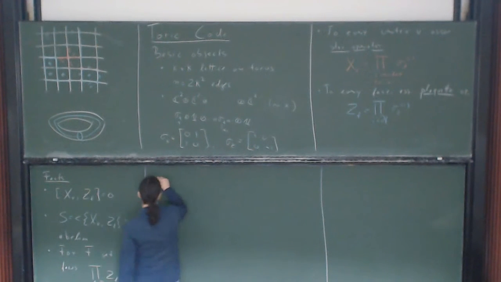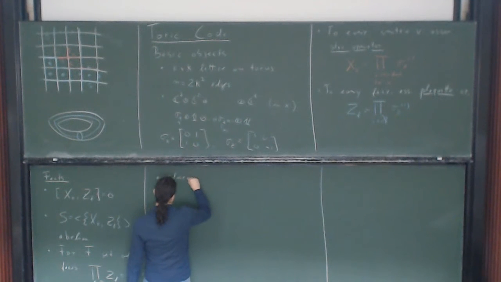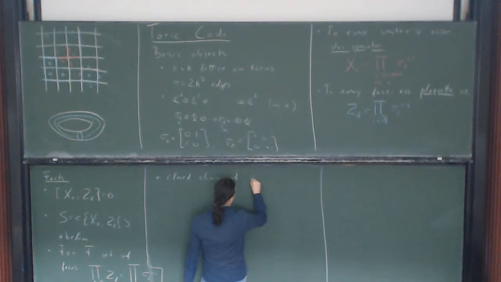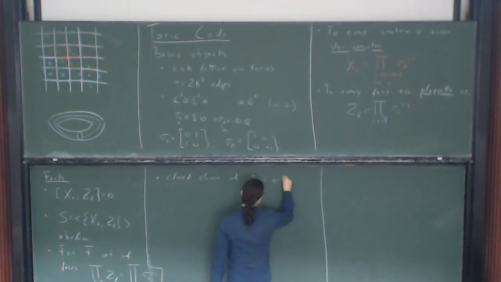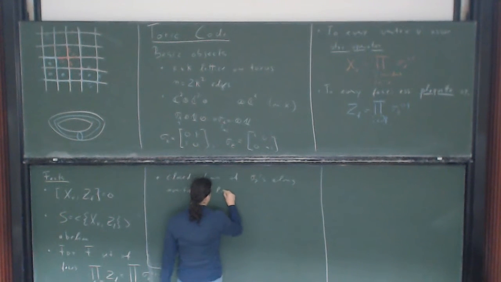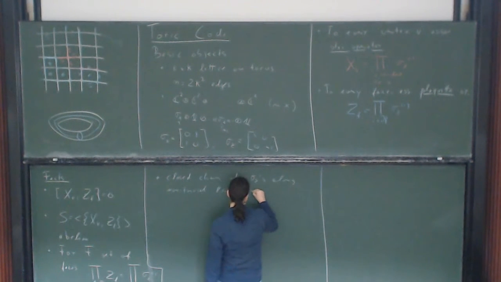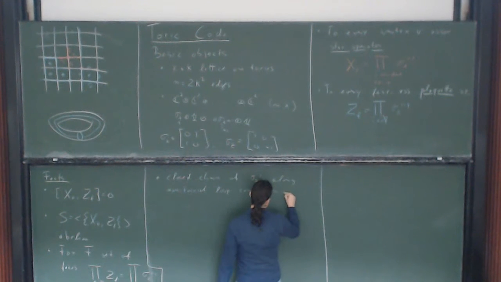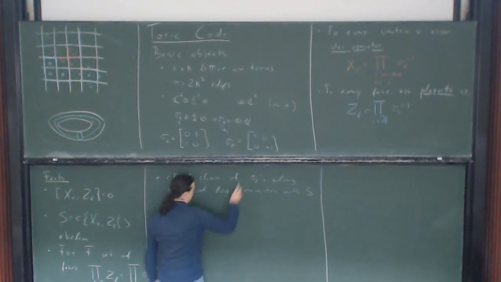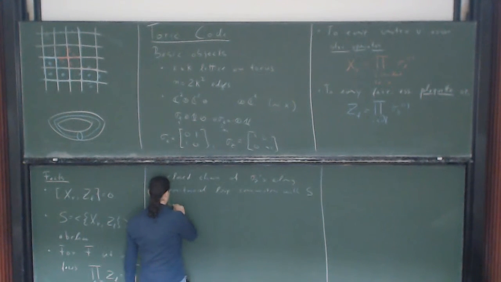Okay, so a closed chain of sigma z's along a non-trivial topological loop commutes with S, the group generated by the star and plaquette operators, but is not an element of S.